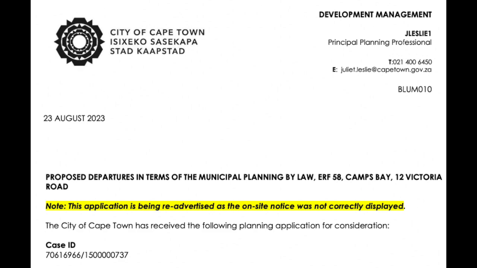And initially it had approval from PBDM, but they've approved it in error because it needs a scenic drive. Give me that case ID number. 705 32572.